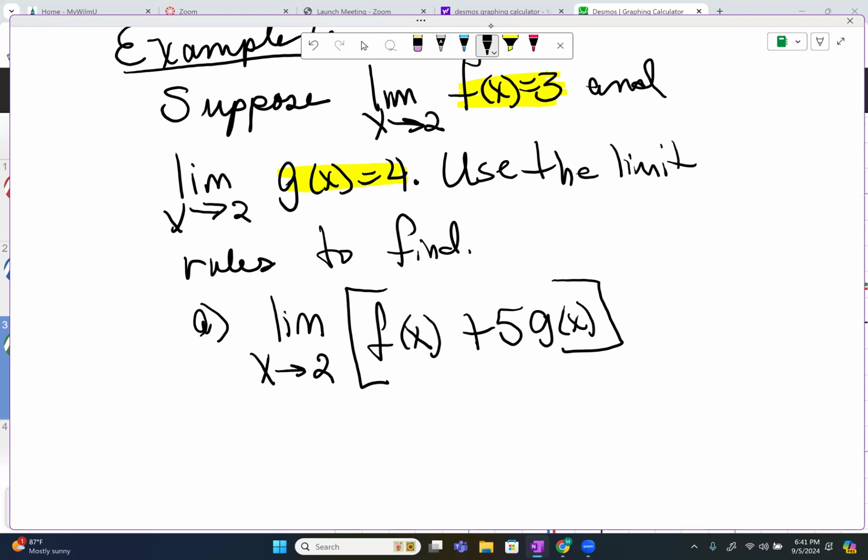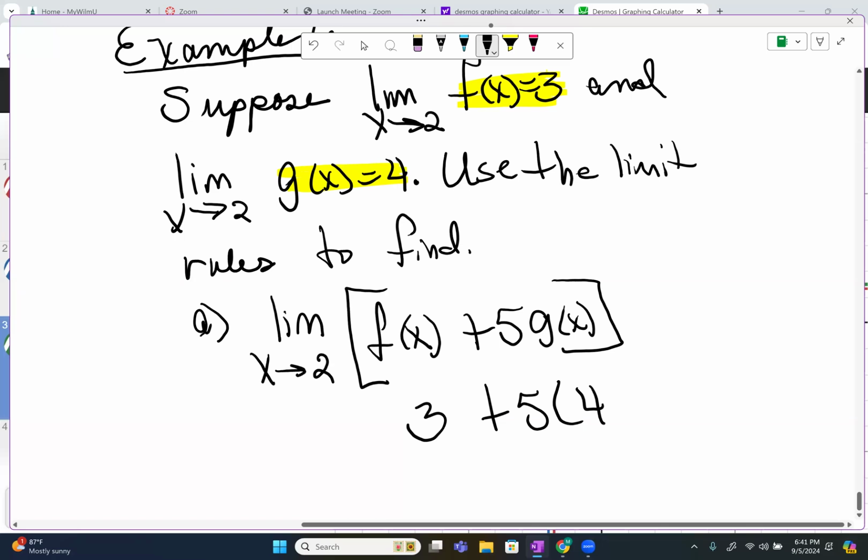Nobody wants to take a guess? This becomes 23, because this becomes 3 plus 5 times 4, which is 23. Make sense? It makes sense. Okay.